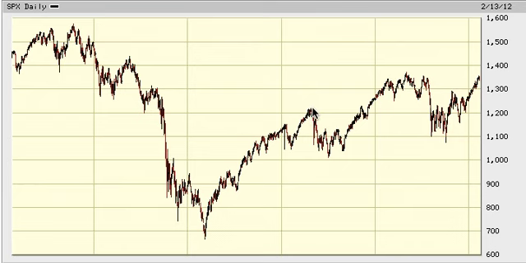The flash crash in 2010 was a wave 4, and it retraced 0.382 of the third wave. So every wave 1, wave 2, wave 3, wave 4, you got 0.382 of the entire third wave.